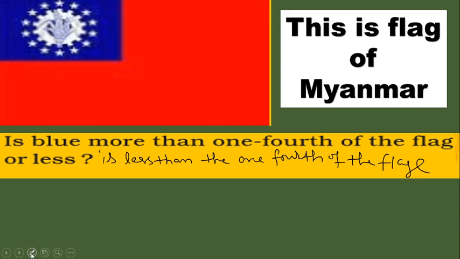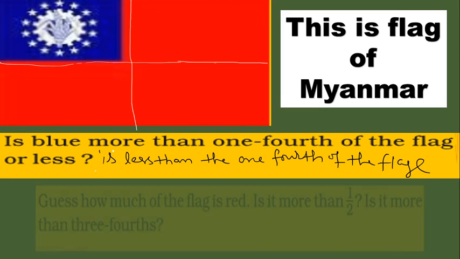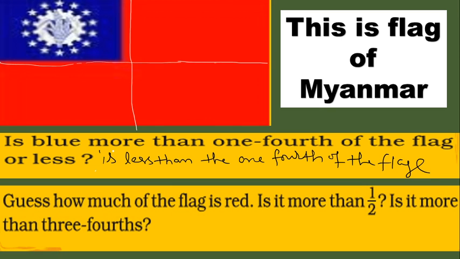Again I draw it. Look here. Next question, we will see it. Guess how much of the flag is red? Is it more than half? Is it more than the 3/4?